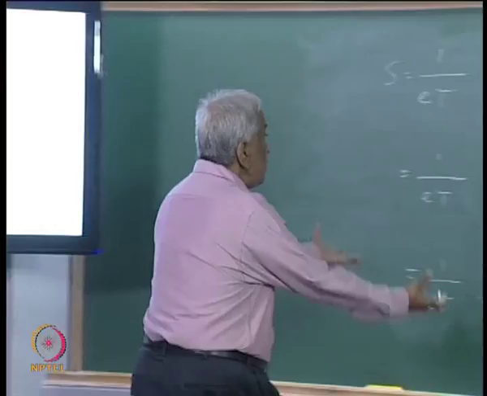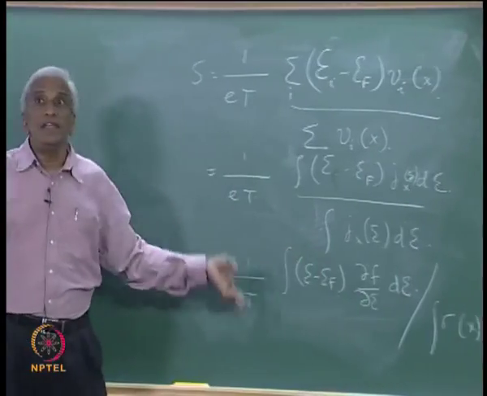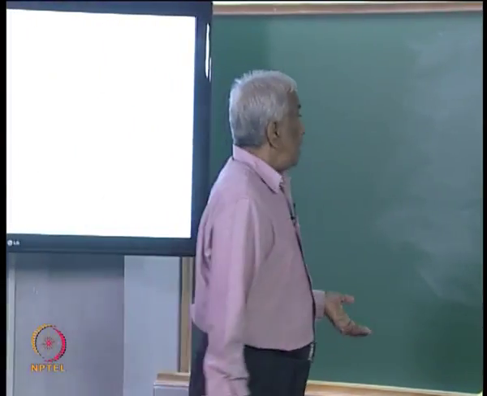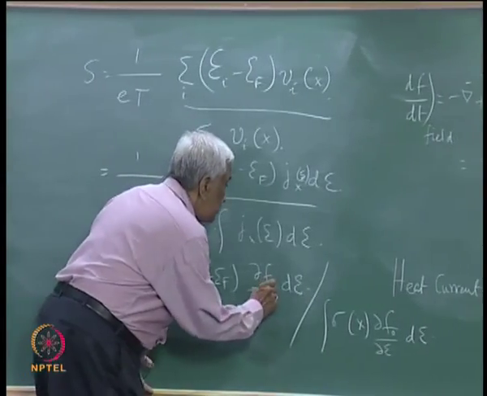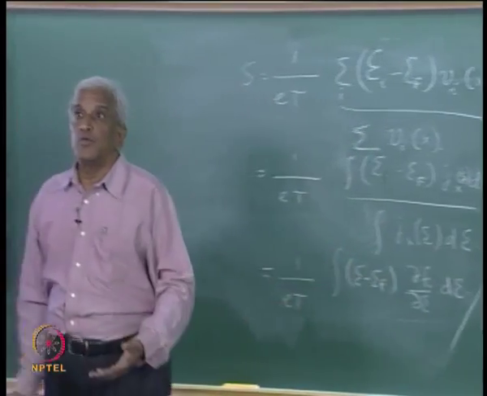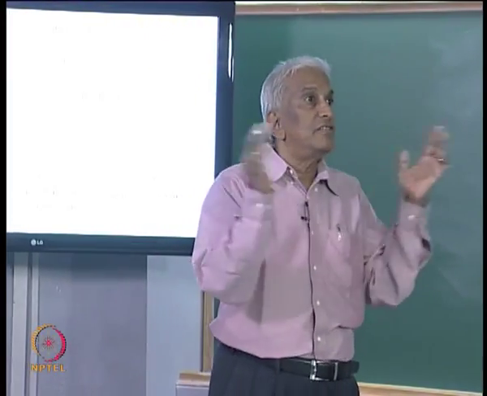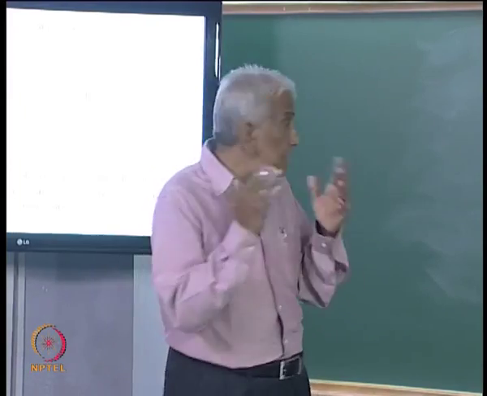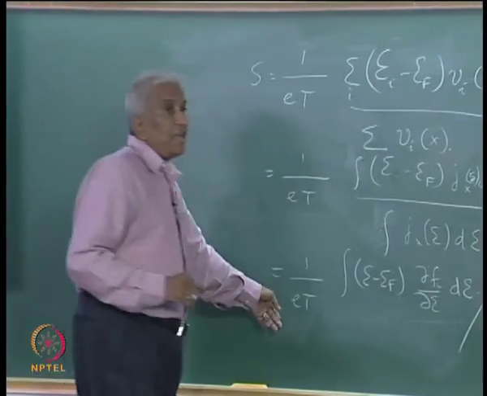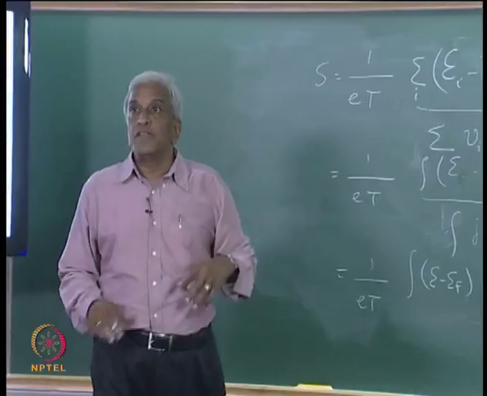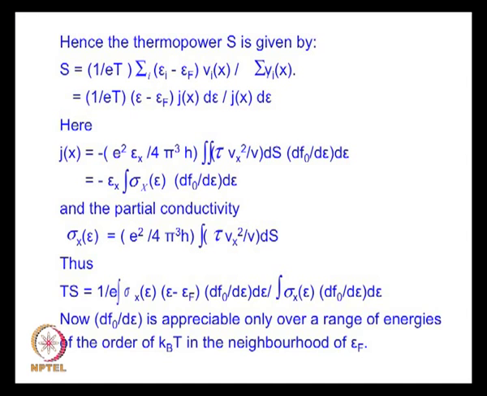So, now again we have converted it into an integration over the energies, and we know that this makes an appreciable contribution only over a range of energies of the order of k_B T in the neighborhood of E_f. Therefore, we can again use a Taylor expansion in the neighborhood of the Fermi energy, and the final result turns out to be a very compact expression.